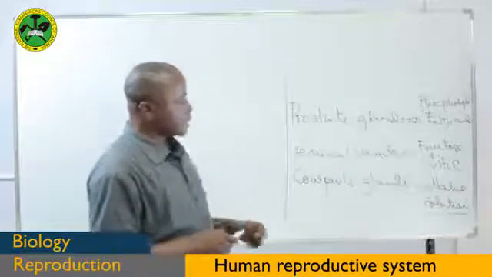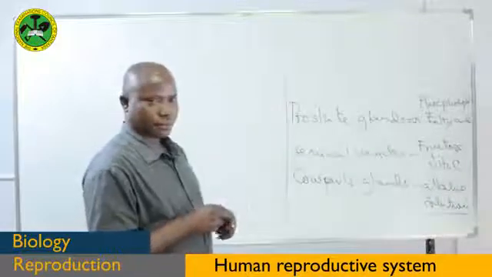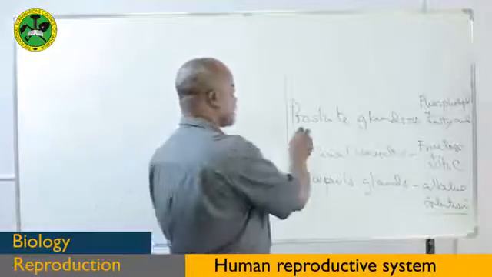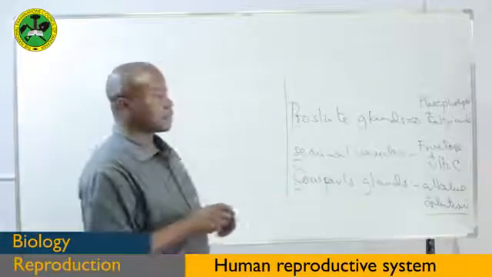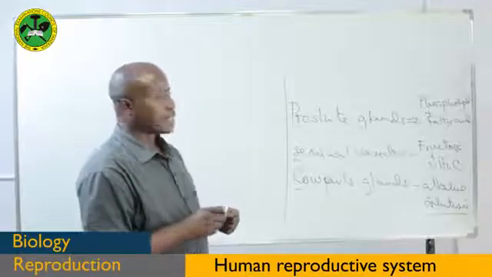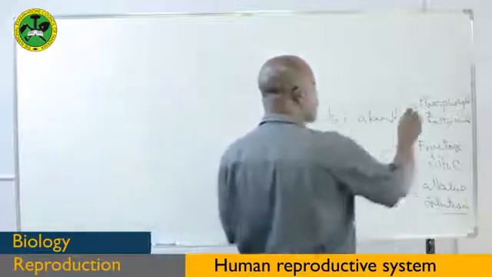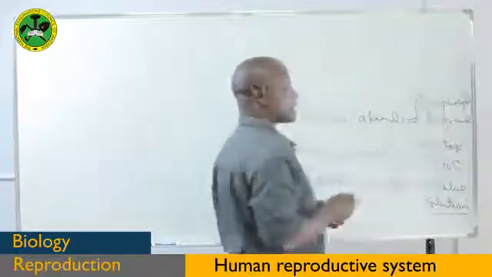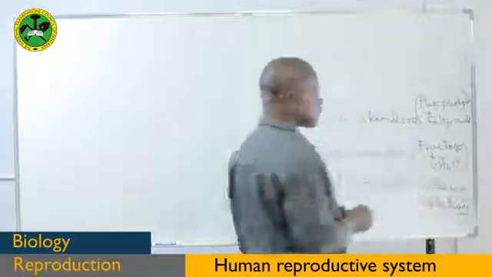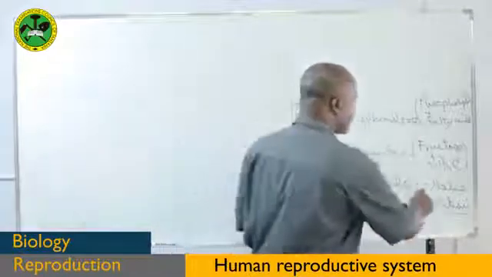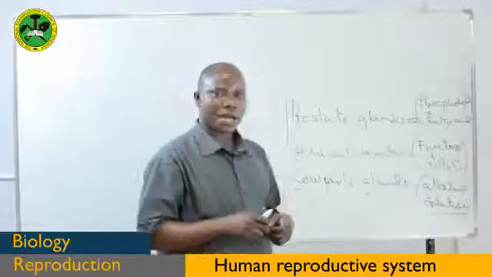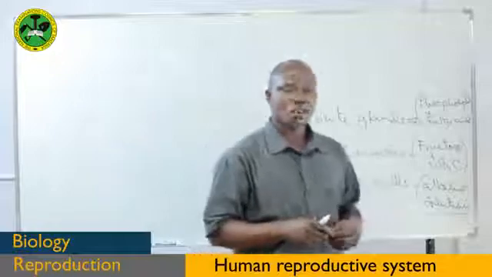Therefore, these are the composition of the fluid produced by these glands in the male reproductive system. What you need to do is explain the role of these substances, and the role of this alkaline solution. By so doing, you will have answered this question correctly.